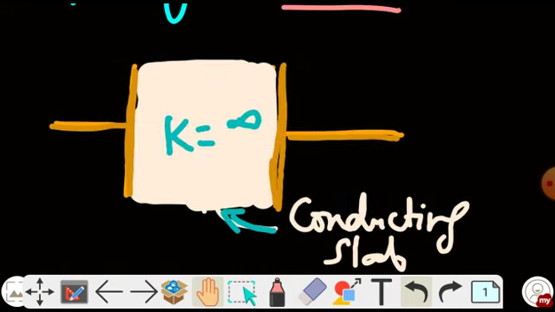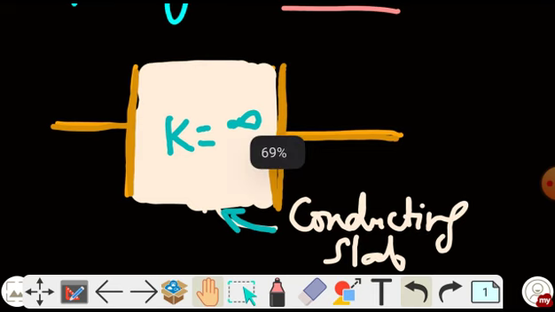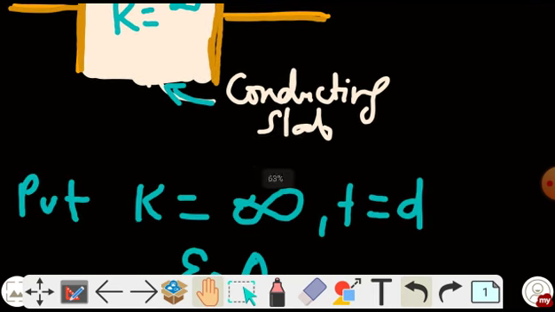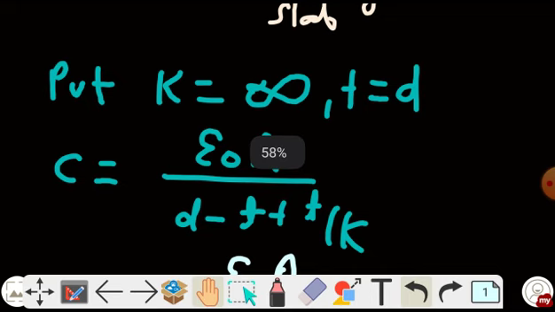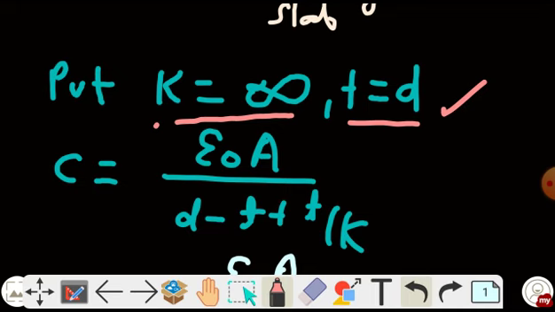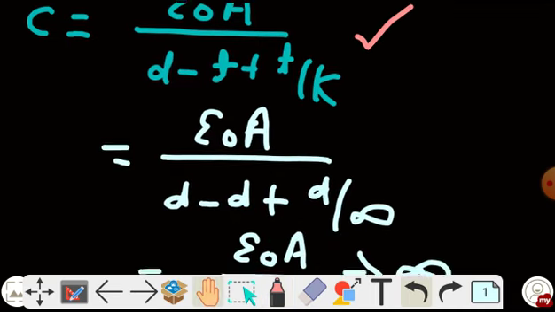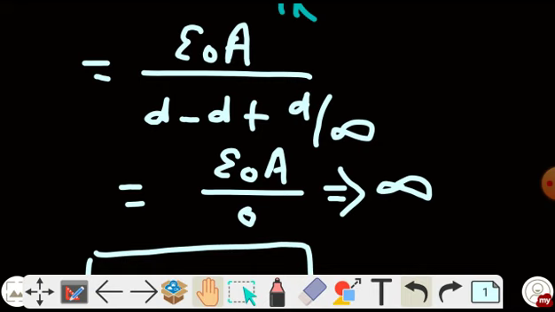Since this slab is completely filling the gap between the plates, the thickness of this slab is P equals D. So these two things we will put in our expression of capacitance. So P is D, and in place of K put infinite.